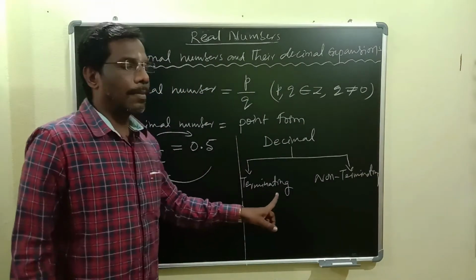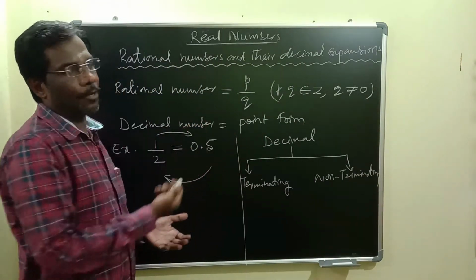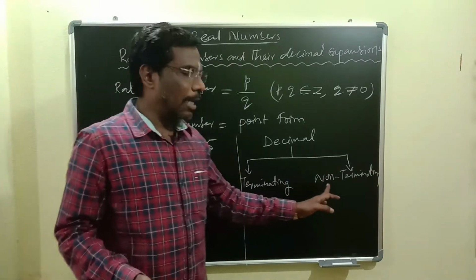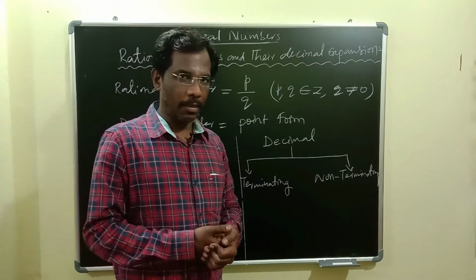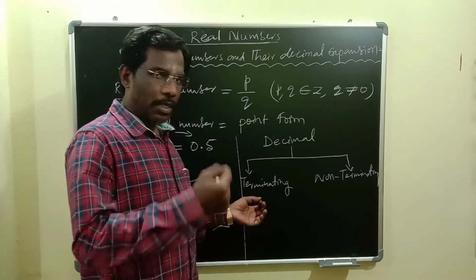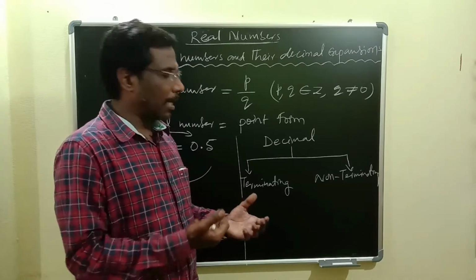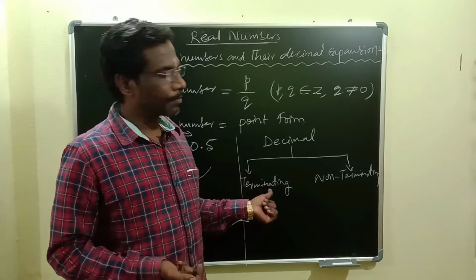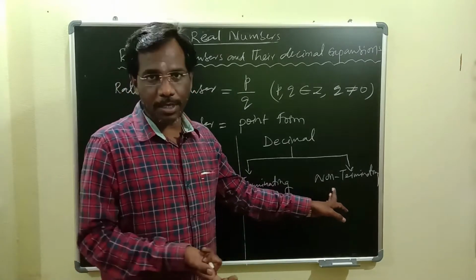What is a terminating decimal? One which has an end form is called terminating. One which has no end form is called non-terminating. In decimal form, after the point, if we have an end value, that is called terminating.